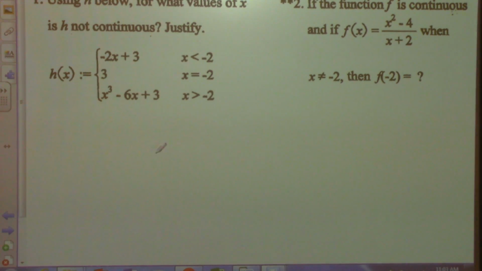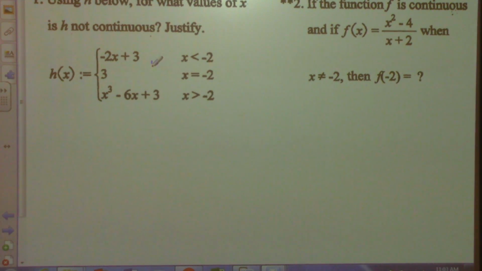And here we're given an example using h below: for what values of x is h not continuous? So for number 1 here, what would be the critical numbers you'd have to look at for evaluation? What x value are you concerned about here? Negative 2. So you basically look over here, and this piecewise notation is kind of strange. We just briefly touched on it last year in pre-calculus, but this is the way it reads.